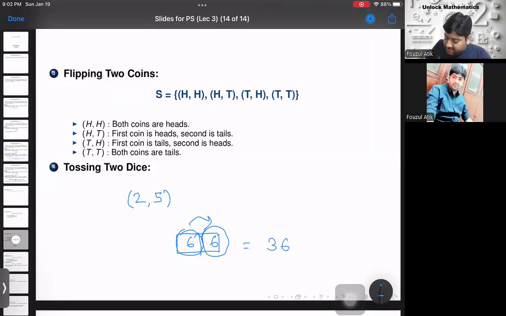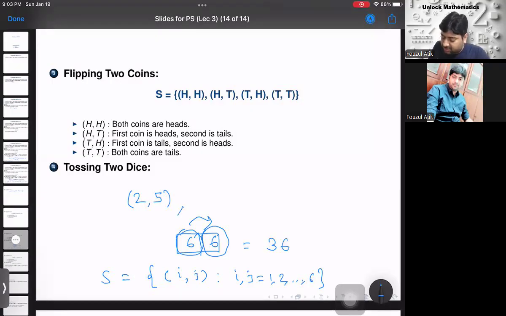Correct? So what are they? In this case, the sample space is all the ordered pairs of this kind, i comma j, where i comma j is equal to 1, 2, 3 up to 6. These are all possible outcomes. And the cardinality of this set is 36.